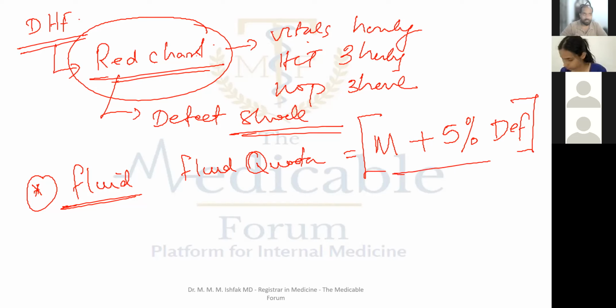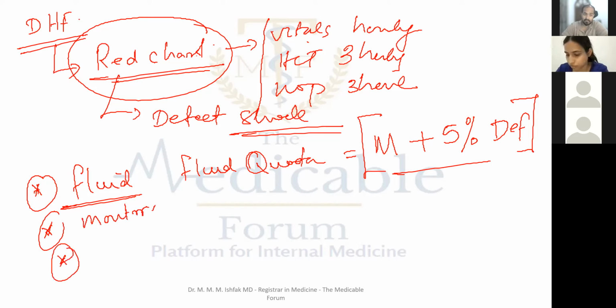I'll teach you how to calculate and we'll have some practice examples. So this is the most important thing. The next is keep monitoring hourly so that you detect them going into shock if at all they do go into shock.